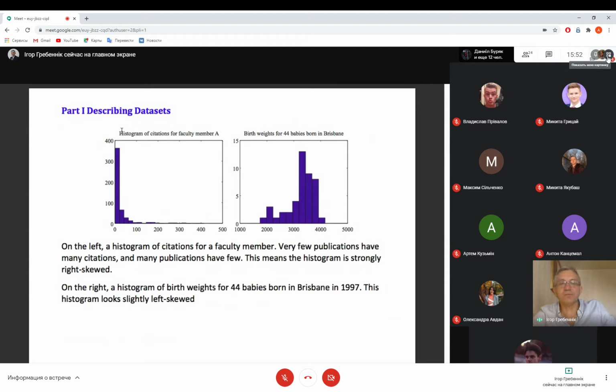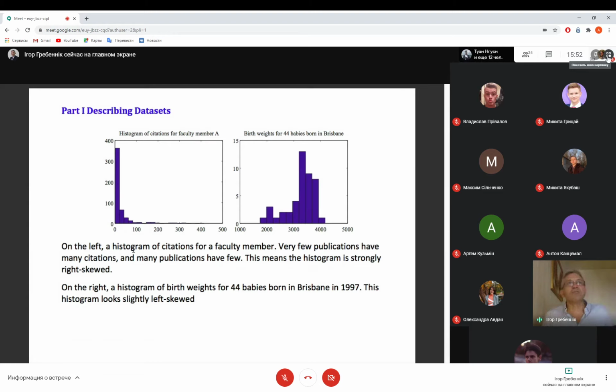One example from your textbook. The histogram on the left picture is the histogram of citations for faculty member A. What does it mean, citations? We speak about how many times, in different papers, a reference or link to a certain paper was made.